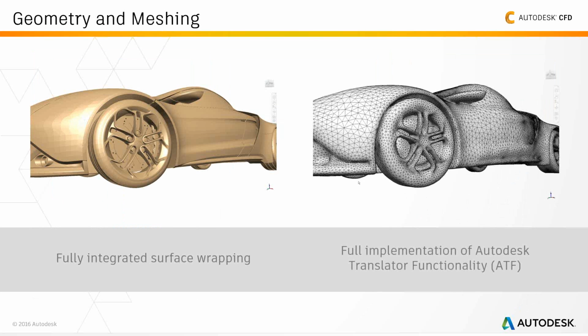One thing we also had introduced in 2016 was the ability to surface wrap a model for external flows. The way we did it in 2016, just to get the functionality out to users, we had basically a standalone application. The timing wasn't right to add it into an integrated workflow inside of the CFD core product.